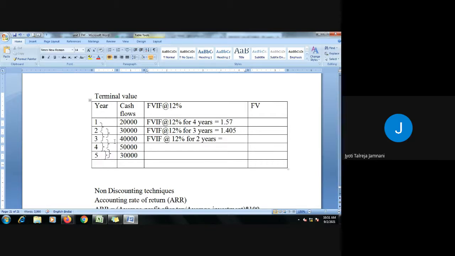Okay, now 2 years because we are going from 3 to 4 and 4 to 5. We are in third year, so from 3 to 4 and 4 to 5. Future we are going. So for 2 years, the table value is 1.254.